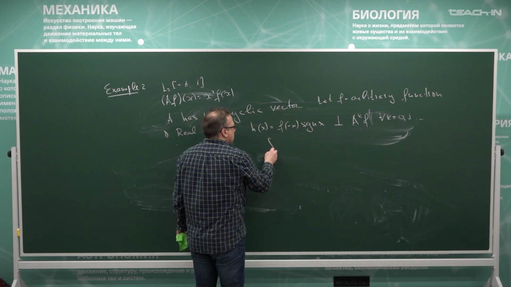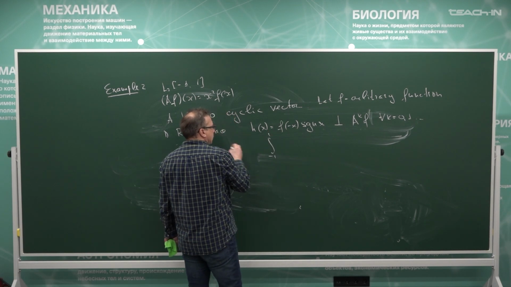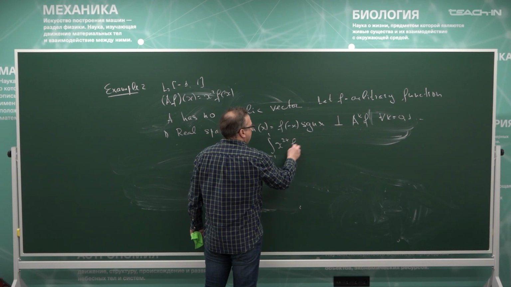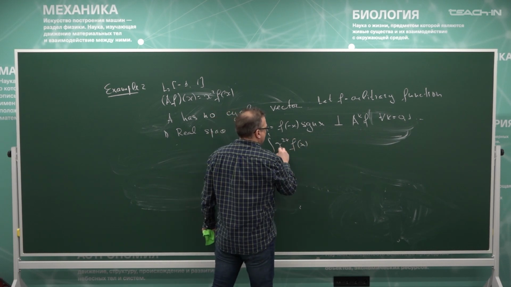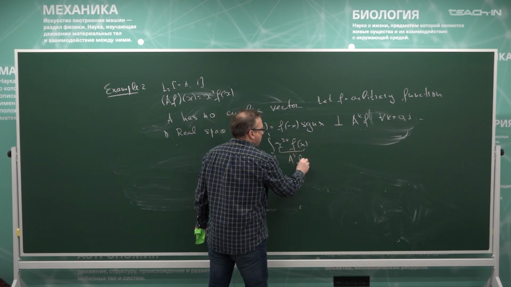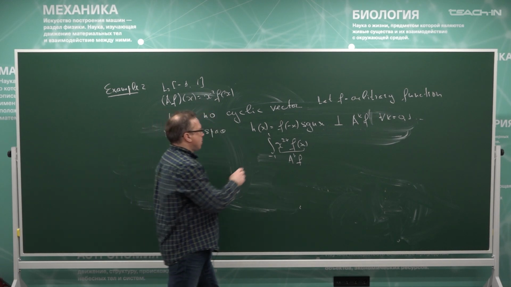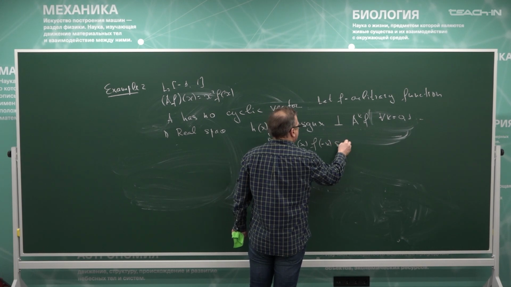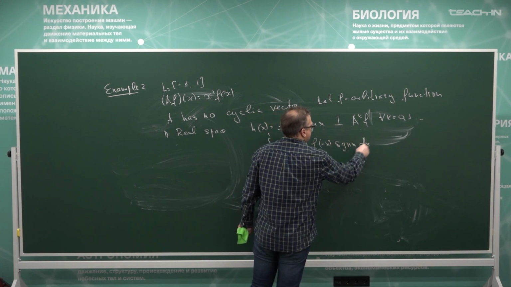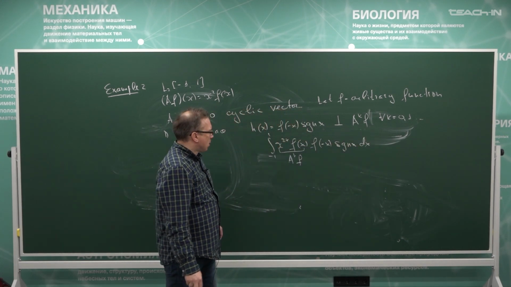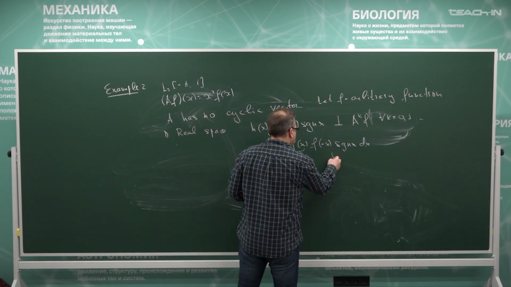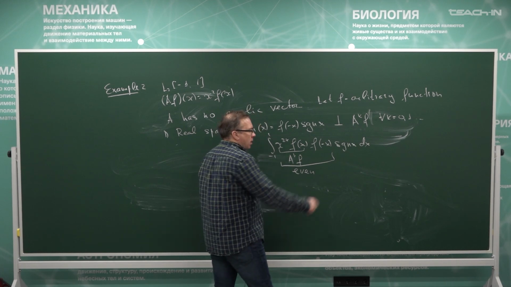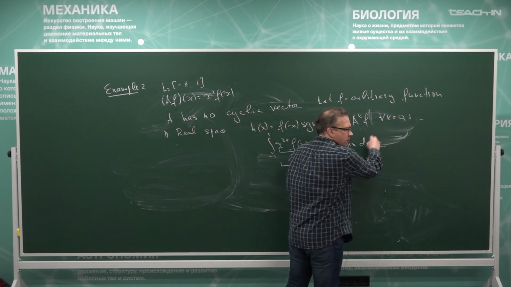Why? Because the scalar product looks like the integral of x^(2k) f(x) times f(minus x) sign of x dx. You see that this function is odd, so the integral is 0.